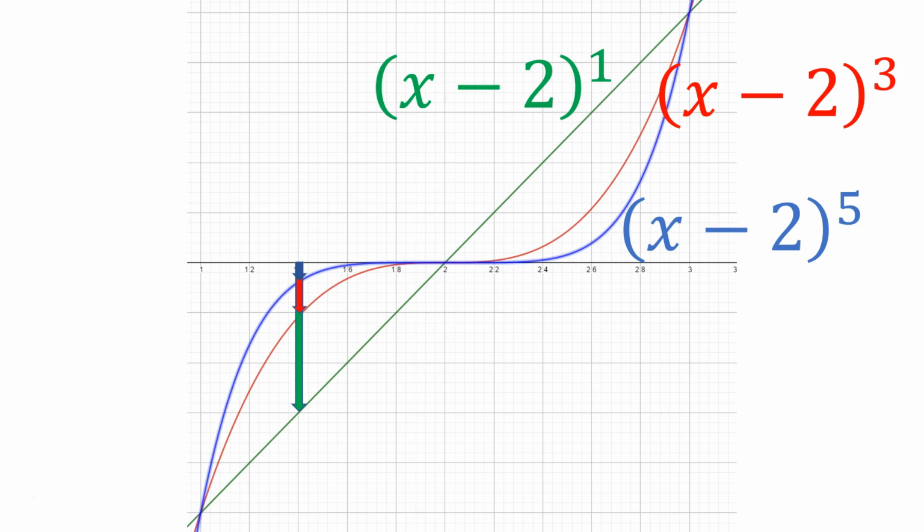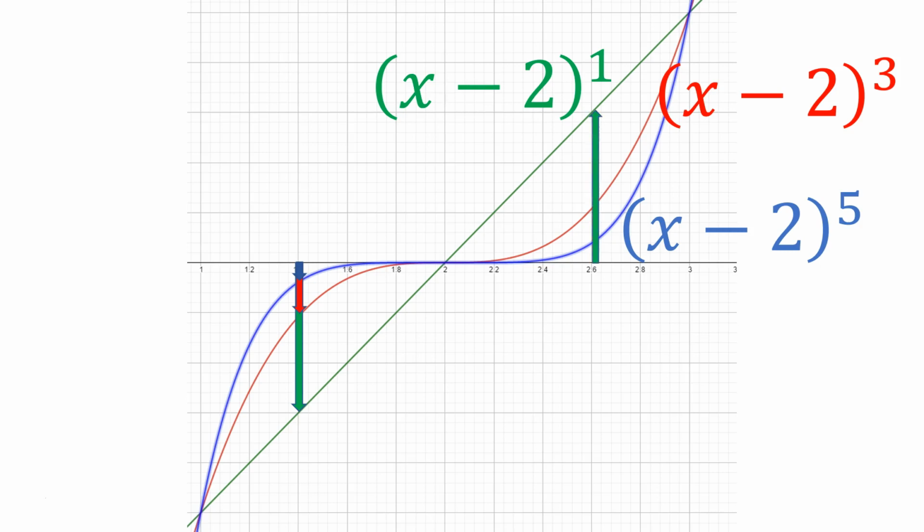And then that little arrow represents what you get when you plug that same value of x into x minus 2 to the fifth. So you see that as we go from 1 to 3 to 5 around the root, within a little neighborhood, clearly the effect is that as the exponent gets bigger, the graph gets flatter. It gets pulled towards the x-axis.